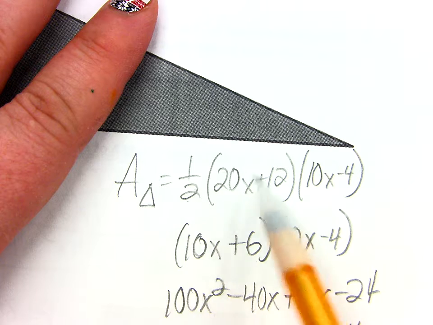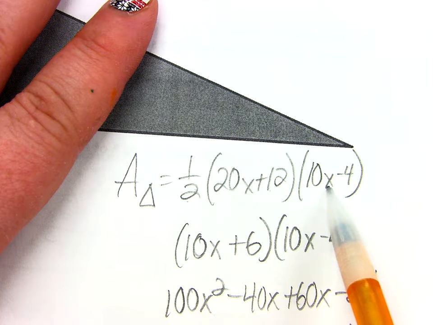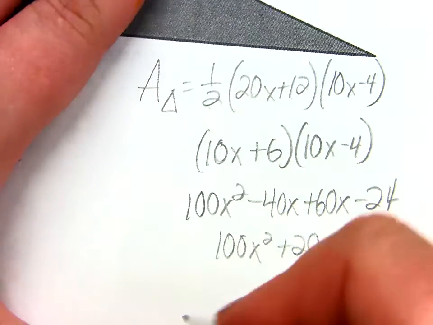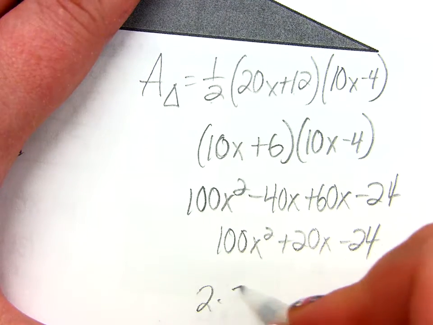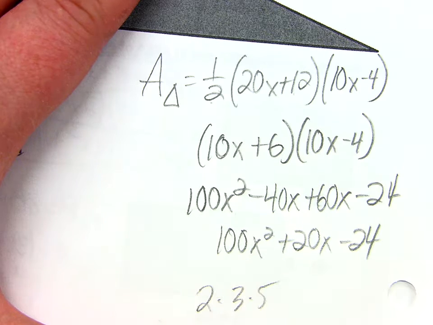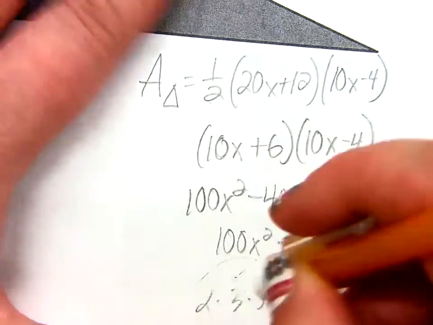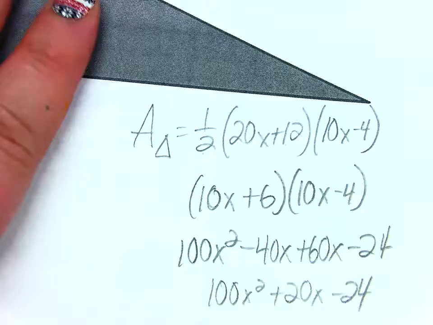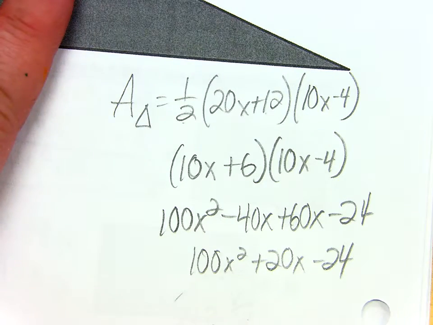No, if you do half of both, then you're doing a fourth. Say I want to do 2 times 3 times 5, right? Don't you do 2 times 3, which is 6, and then times 5? You don't do 2 times 3 and 2 times 5. 100x squared plus 20x minus 24. Yes. So there's the area of my triangle.